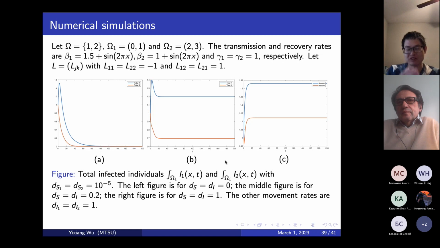One assumption in the model is that beta minus gamma should be less than 0 at some places. So that means at least at some places you have low risk, a local basic reproduction number less than 1. So the infected people will always move to this place and then they go away. That's one intuition. Yes, this is an interesting interpretation.